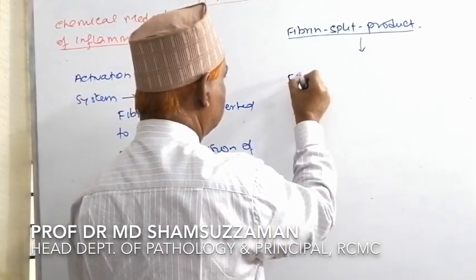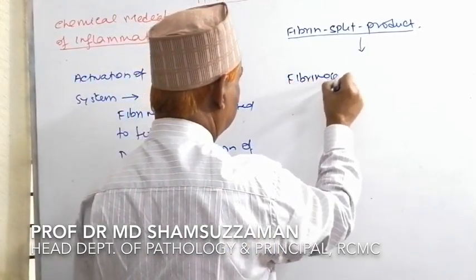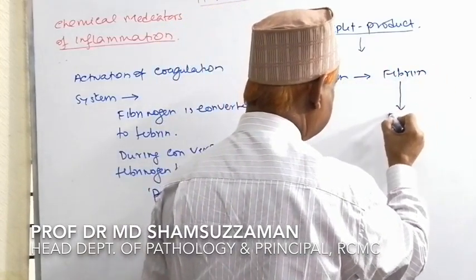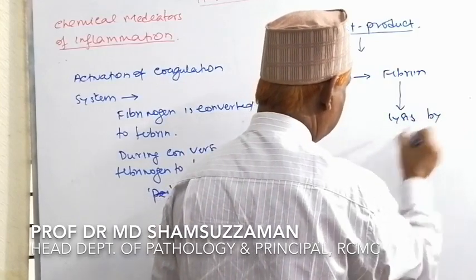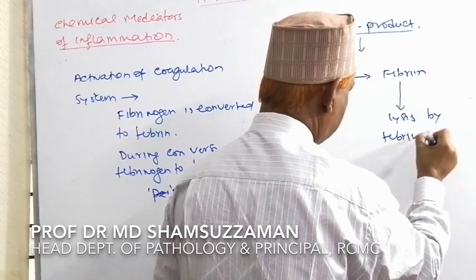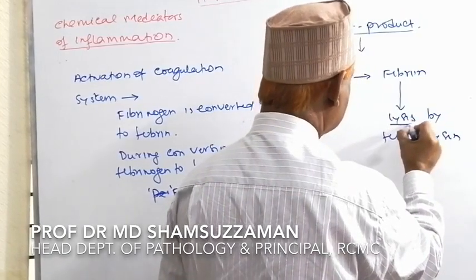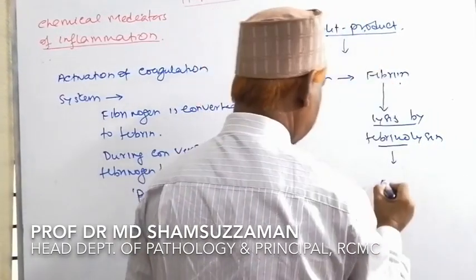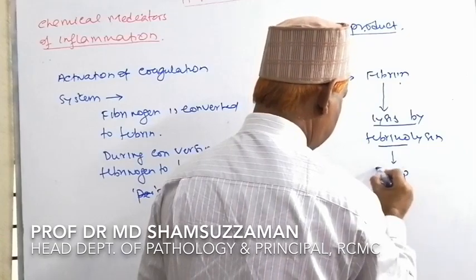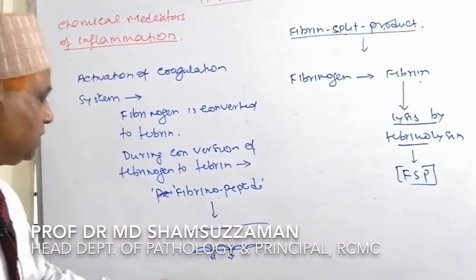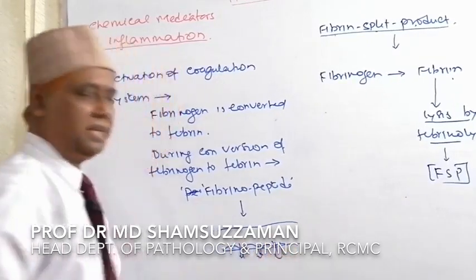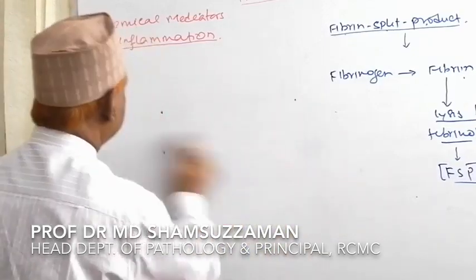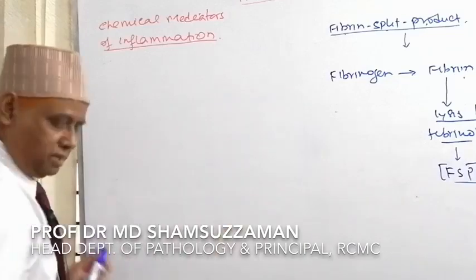That is, fibrinogen is converted to fibrin, and this fibrin undergoes lysis by fibrinolysin, and during lysis of fibrin by fibrinolysin, a product is formed. This is called fibrin split product. This fibrin split product is associated with increased vascular permeability, and ultimately there is exudates. This is the role of kinin system in inflammation.